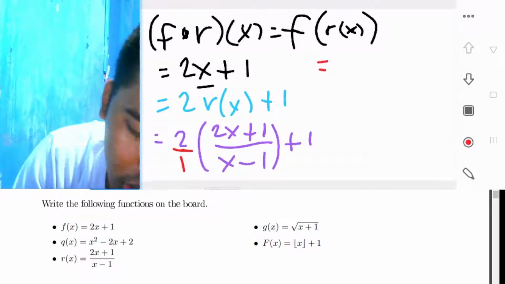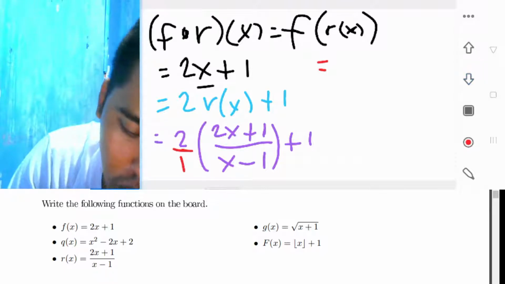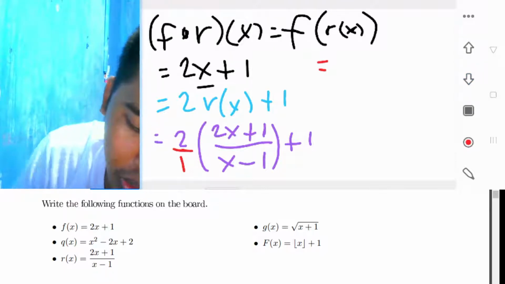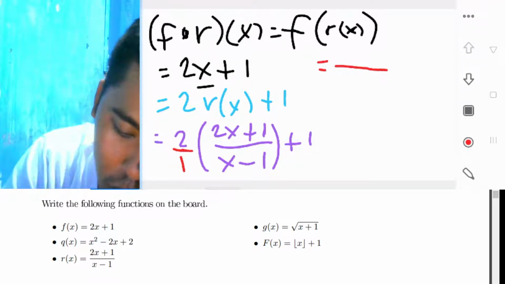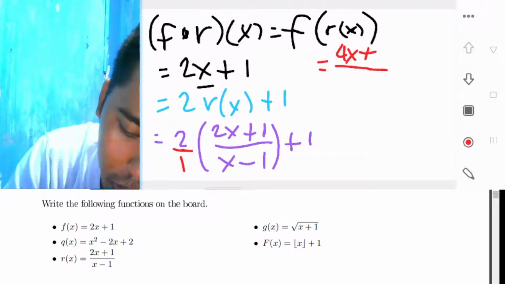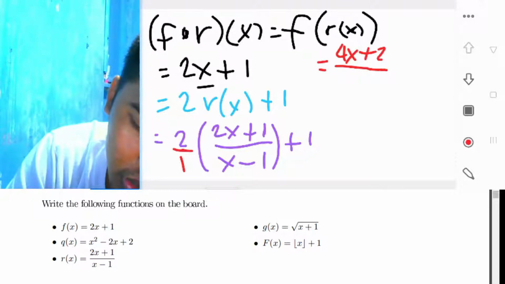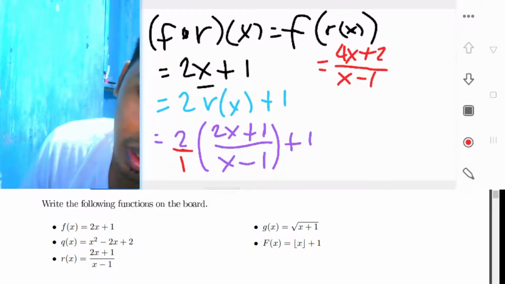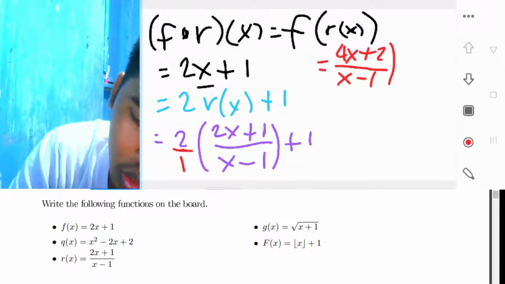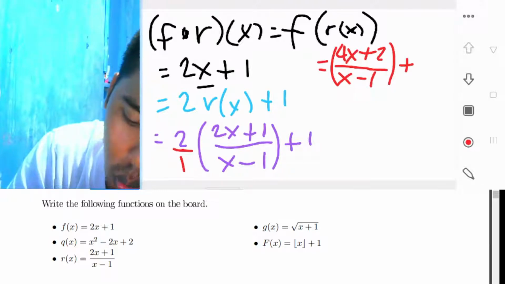So this is multiplication, guys. So numerator and numerator, then denominator and denominator. So it's gonna be 2 times 2x, that would gonna be 4x. Then 2 times 1, that would gonna be plus 2. Okay, so 1 times x is x, and 1 times negative 1 is negative 1. So that is definitely just a copy, paste, and then plus 1.